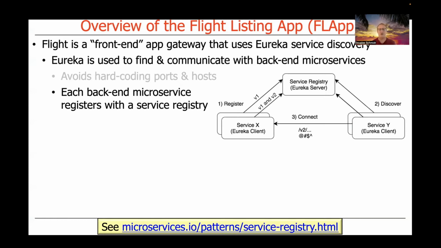In this particular case, we have a service registry and the various microservices that are under control of the overall FLApp. They will register themselves, and then clients can come along and talk to the app gateway and it discovers the various services.